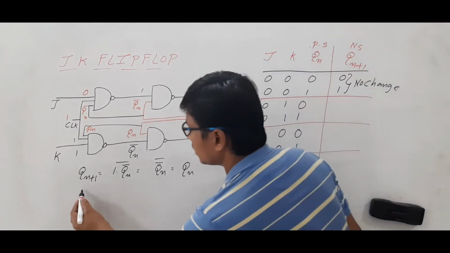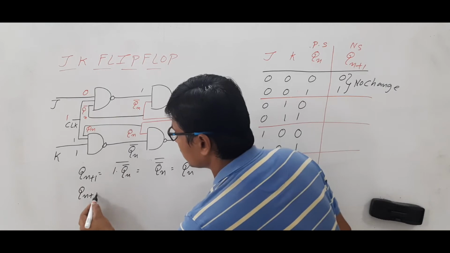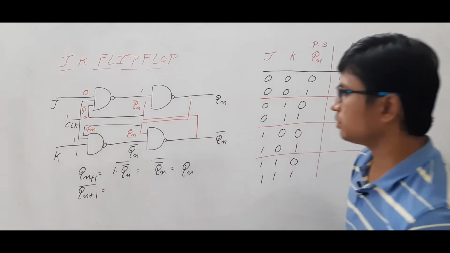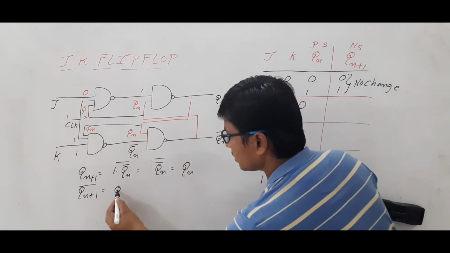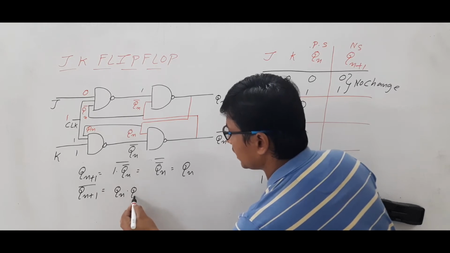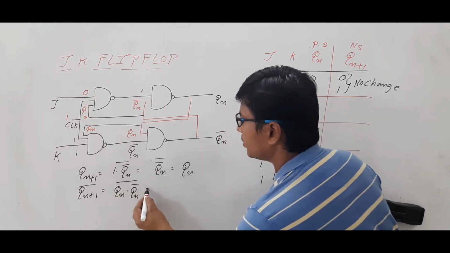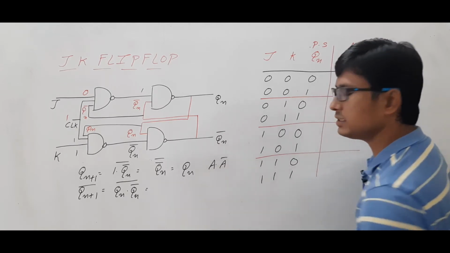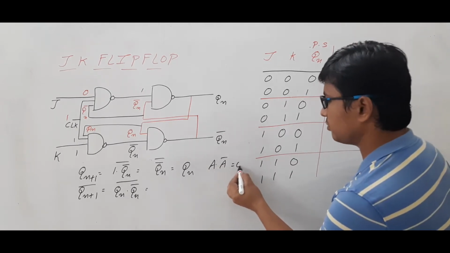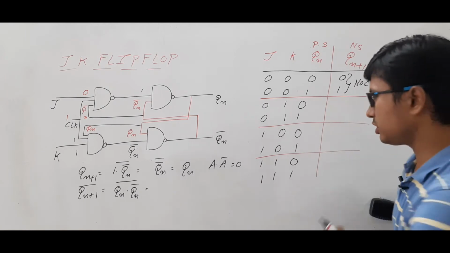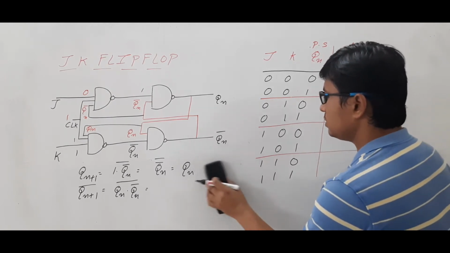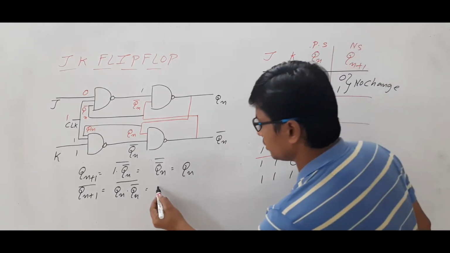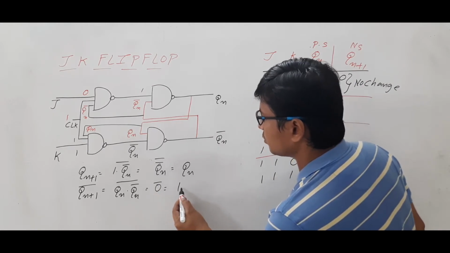We will see Qn+1 complement is equal to Qn and Qn complement whole complement. Now what is A and A's complement? It is equal to 0. If you want, you can verify with the truth table also. So this will be 0. 0's complement is equal to 1.